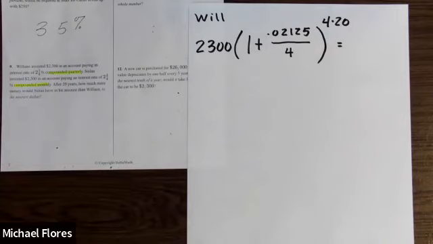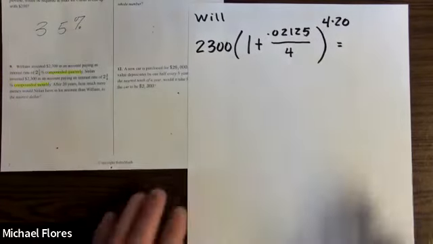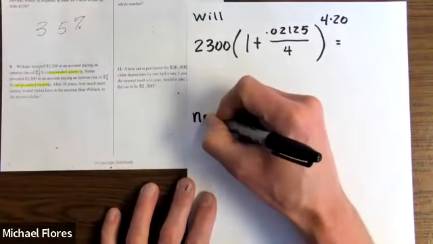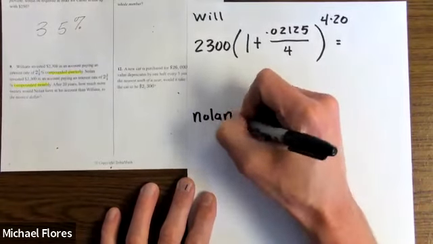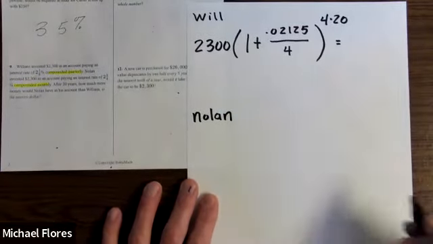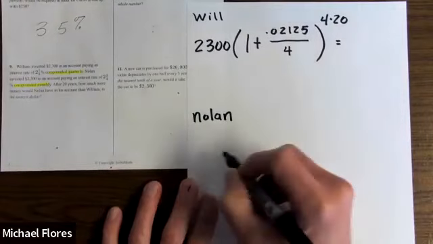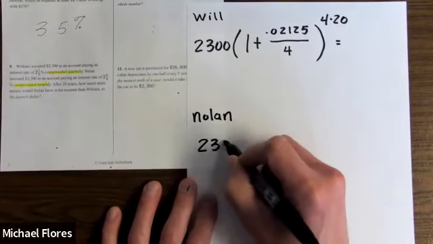I'm going to go ahead and start setting up what Nolan's data would look like. So Nolan is going to invest also $2,300.